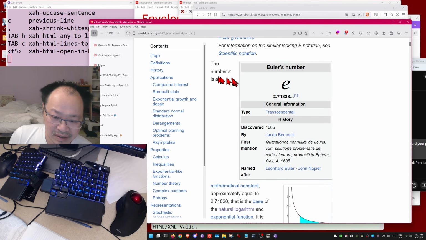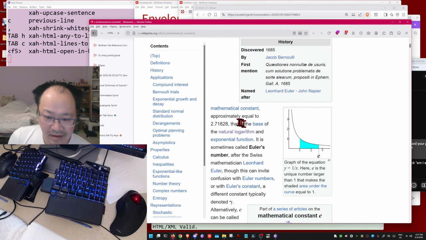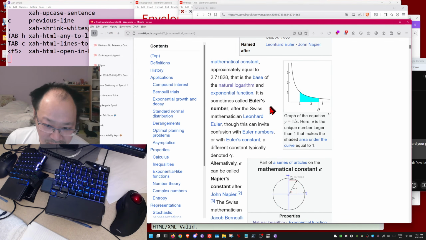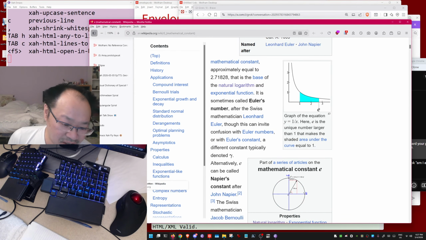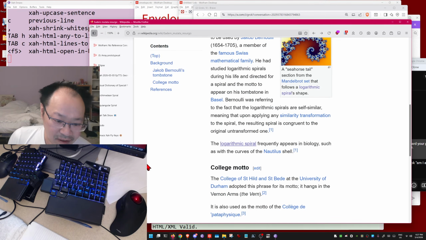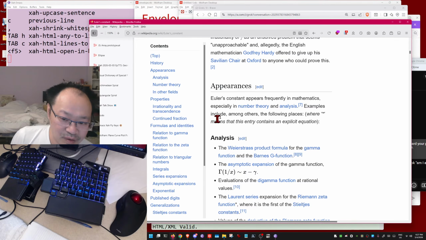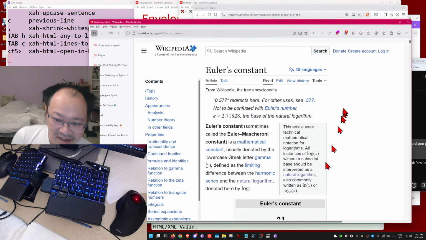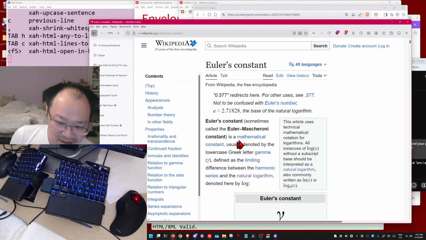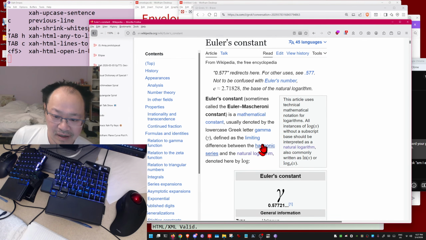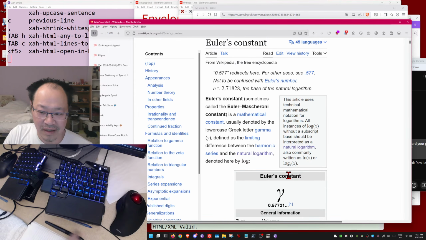We usually just say e, the base of natural logarithm. Sometimes we say Euler's number, but it's different from this Euler's constant, which is equal to 0.5 something. You see, very confusing.